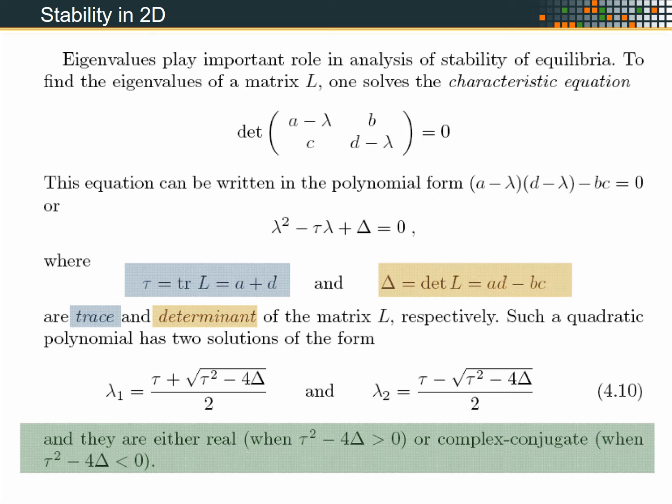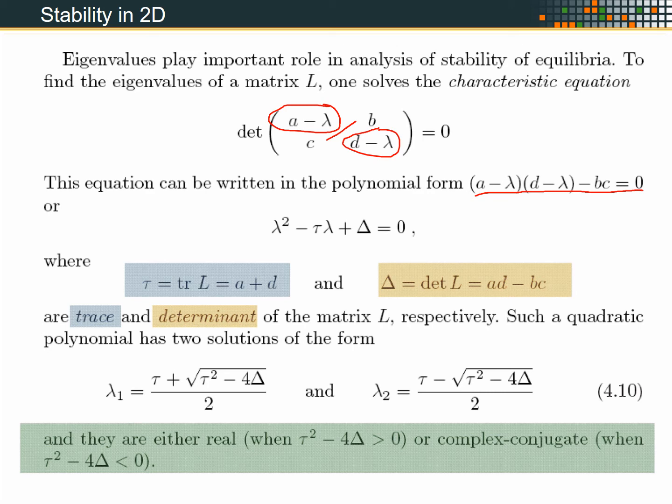To remind you of the rules for computing the determinant, you multiply the elements on the diagonal and you subtract the elements on the off diagonal. So this gives us this characteristic expression that has to be 0.